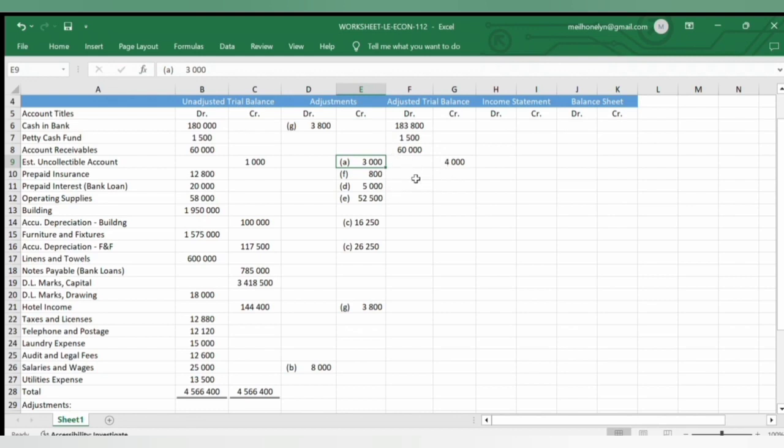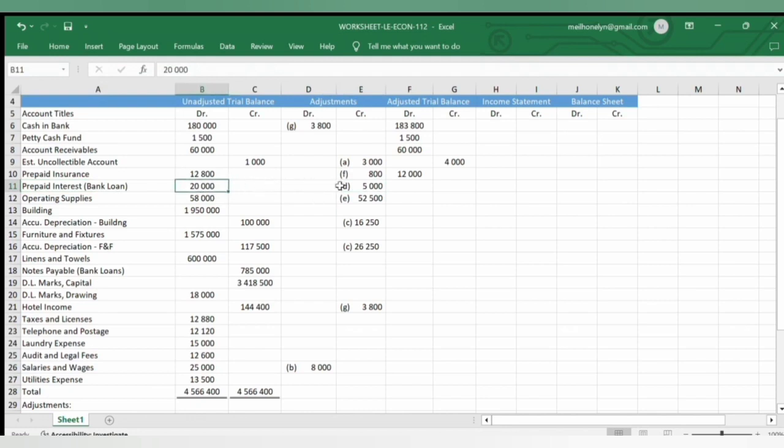So, on the debit side, we subtract: 12,800 minus 800 is 12,000. The next one is the prepaid interest, bank loan. We also subtract this one.